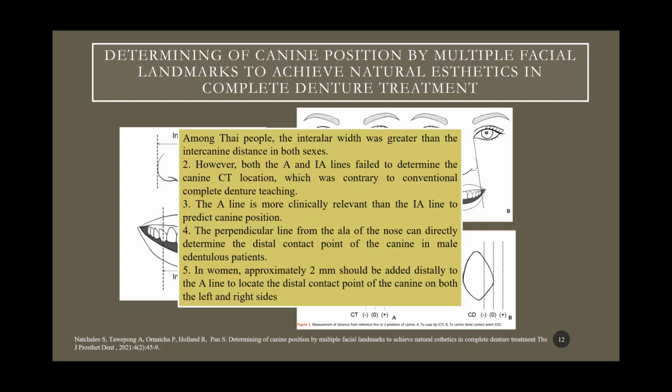But the A line was more clinically relevant than the inner canthus to alar line to predict the canine position. But this study was done among Thai people, and among Indians again it differs. The interalar width, according to a study, did not coincide with the cusp tip position.